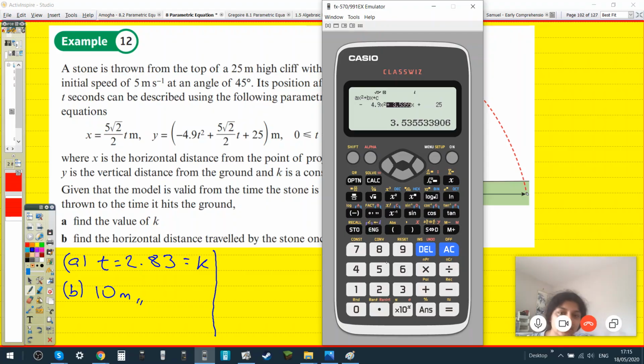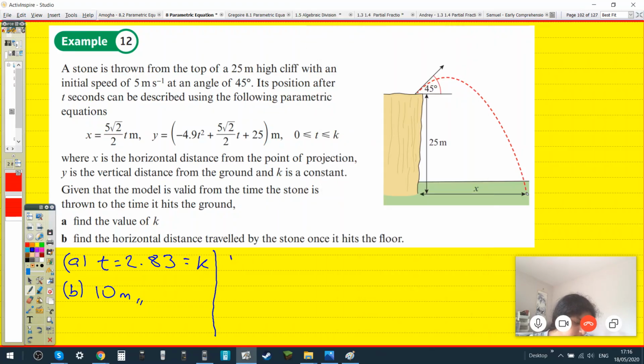Let's do it a different way. 5 divide by 2 times by root 2. Oh yeah, no, it's working. Okay. Yeah, 2.65 or 648. And I'm just going to leave that to 5 sig fig because maybe we need it.